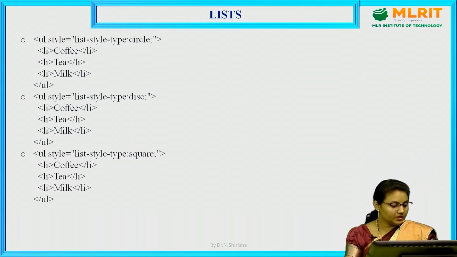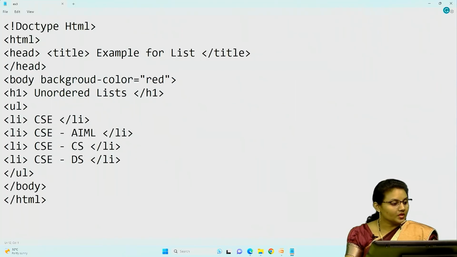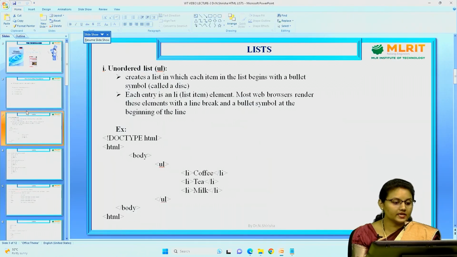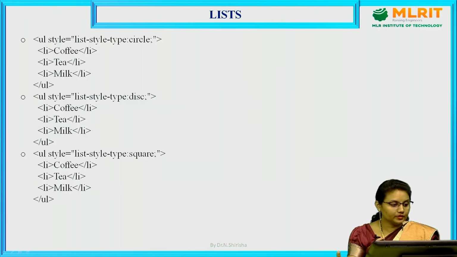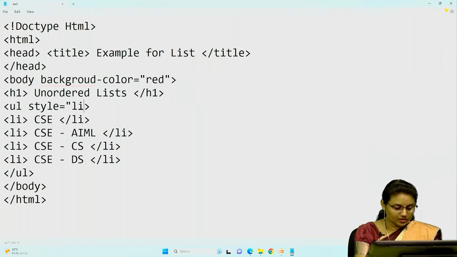Let me take the program. Inside UL, you have one attribute, that is style. Style equals list style type is the property that you have to give.